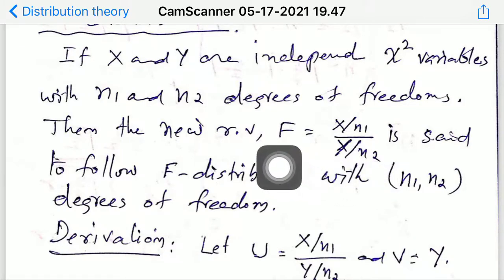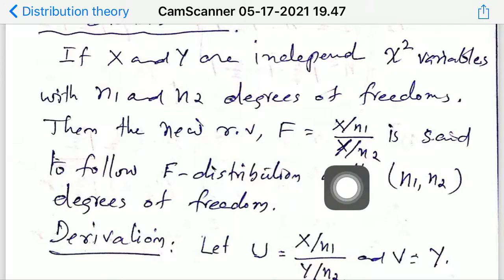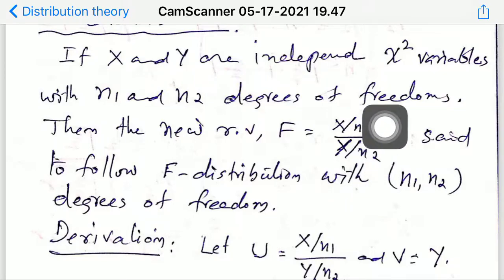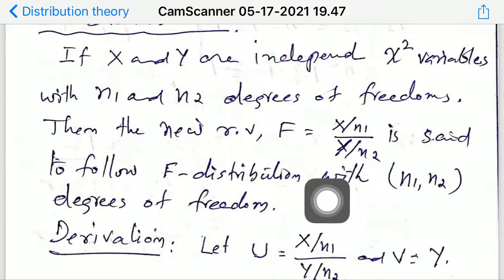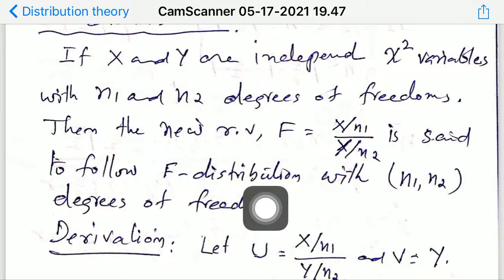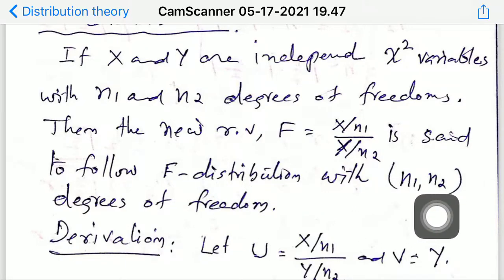So what is the reciprocal of this F? 1 by F means y by n2 will go to the numerator and x by n1 will go to the denominator. Therefore that also will be an F distribution, but the degrees of freedom will be interchanged as n2 and n1 respectively.